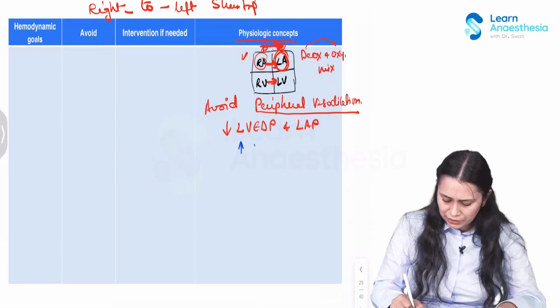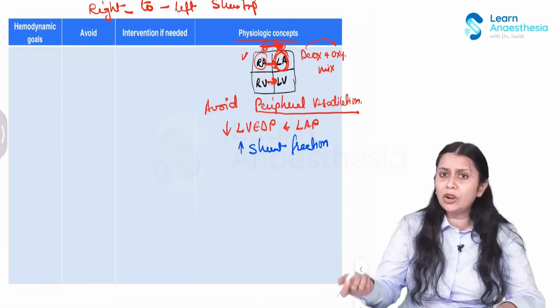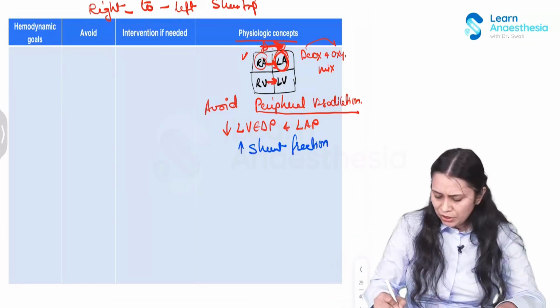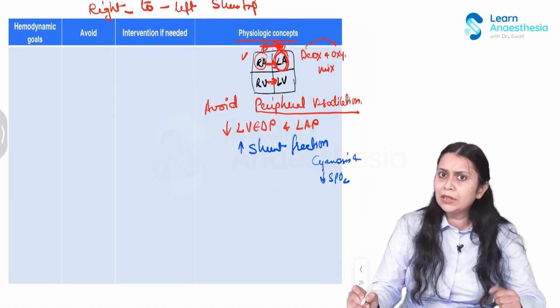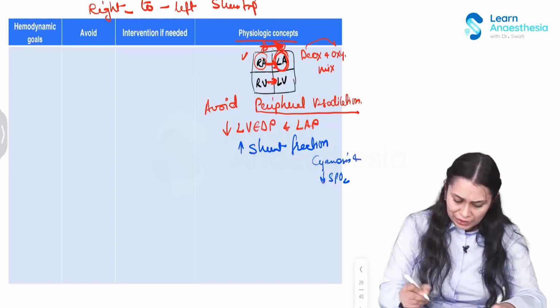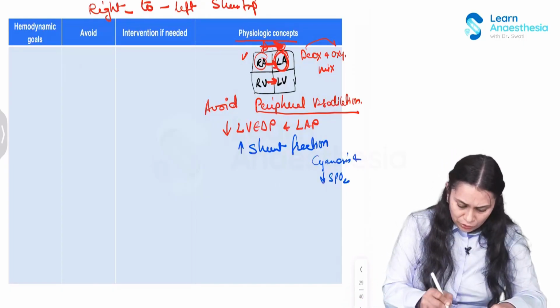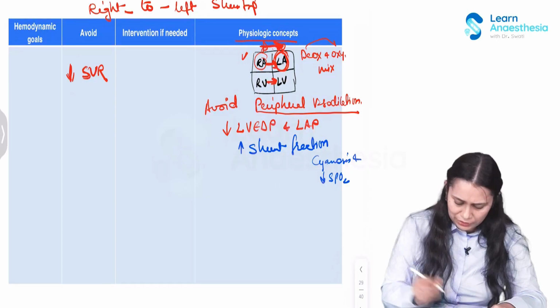So when the shunt fraction increases, more and more deoxygenated and oxygenated blood will mix, and the patient will have cyanosis and a decrease in saturation, decreased SpO2, we will see. So the first thing we need to avoid is a decrease in SVR. We need to avoid systemic vasodilatation.